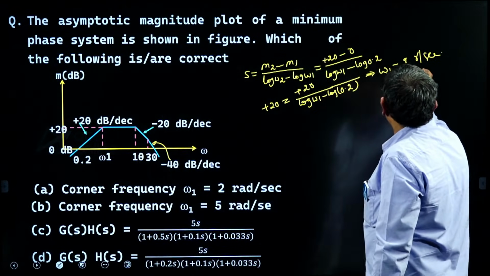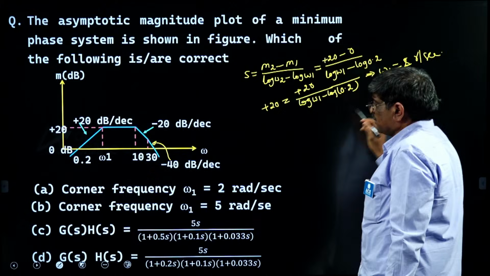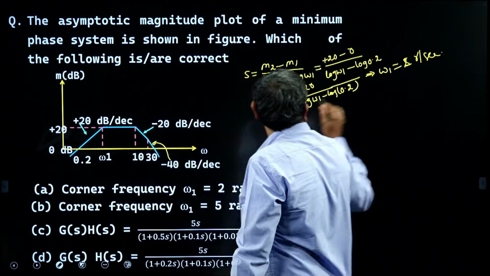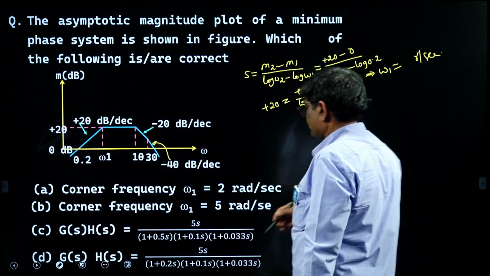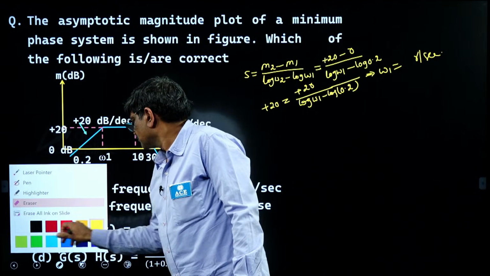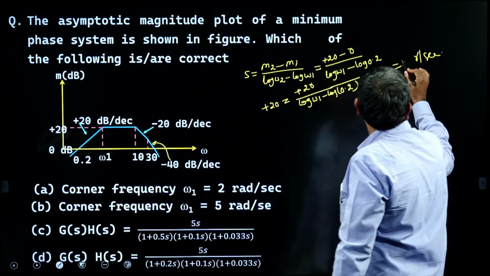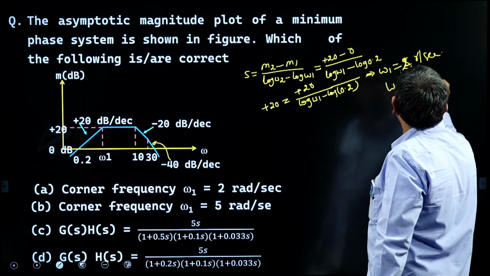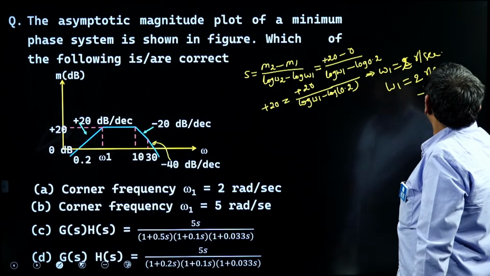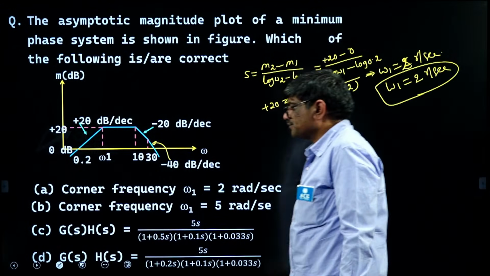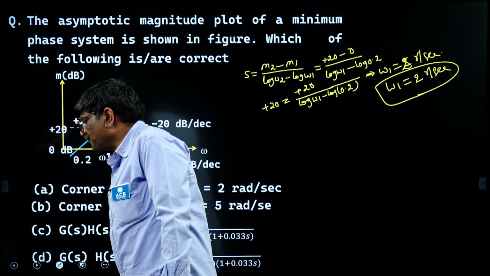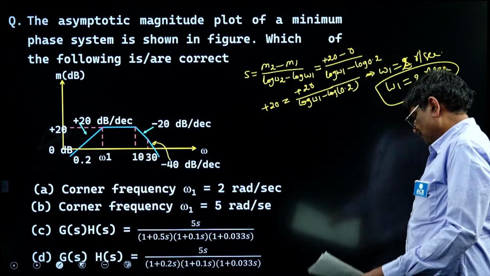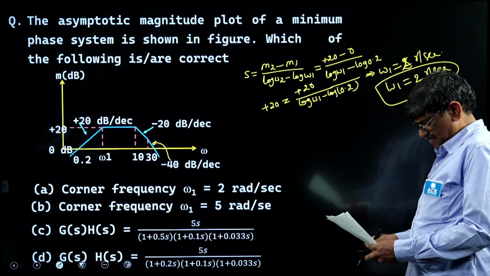This is omega 1 is 2. Is it correct? All of you, check it. Omega 1 is 2 you will get.